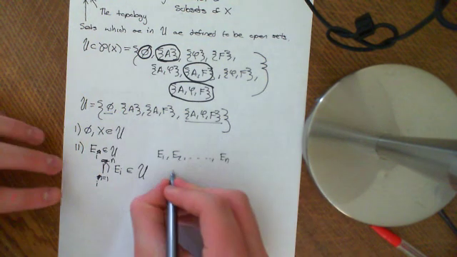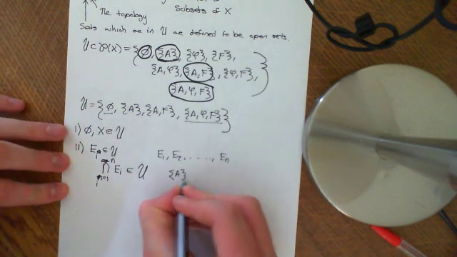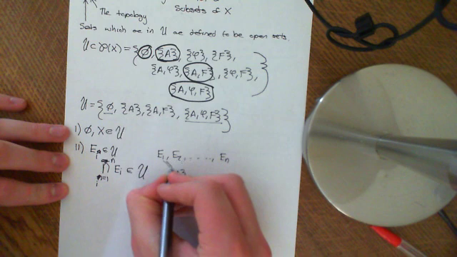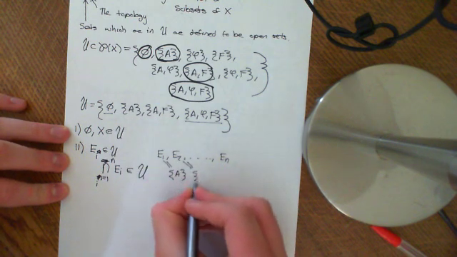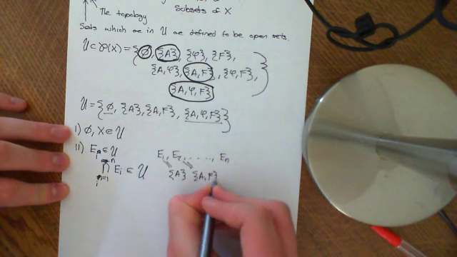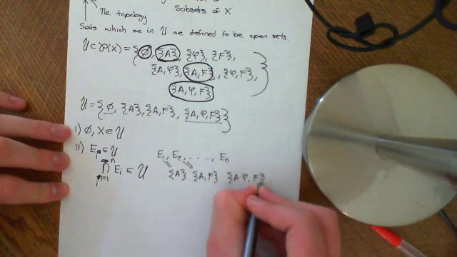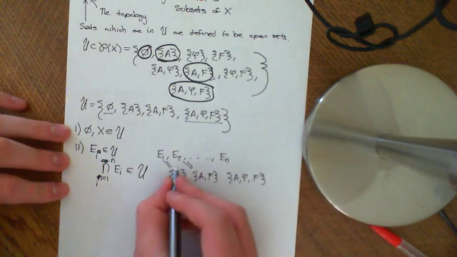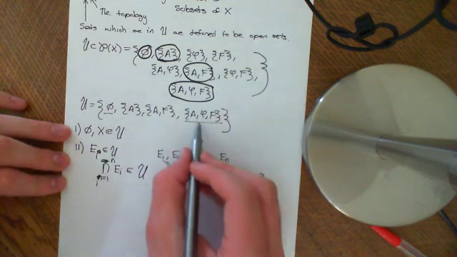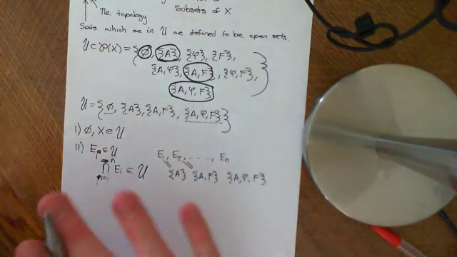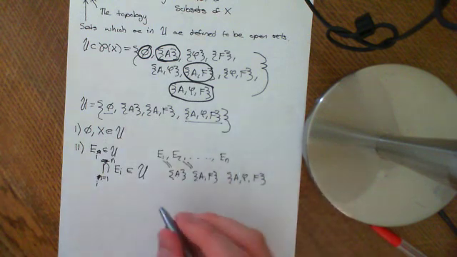So if I took E1 to be A, I took E2 to be AF, and I then took E3 to be equal to A phi F. Then when I intersect these, it's just going to be the smallest one of these, because they are all contained in one another like that, and there's this beautiful ordering on this set.